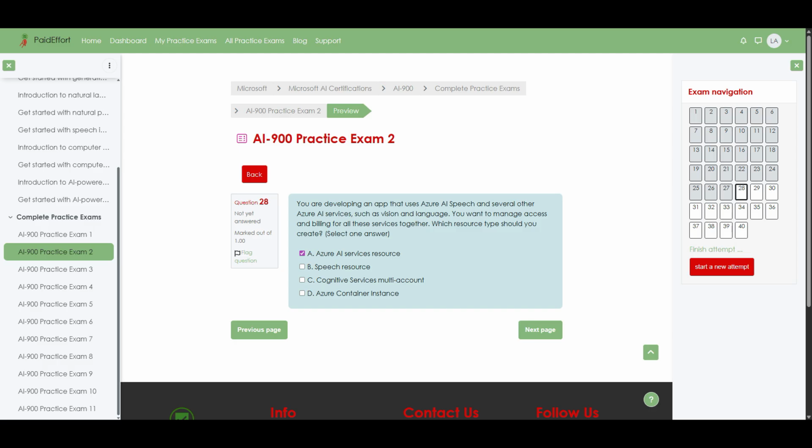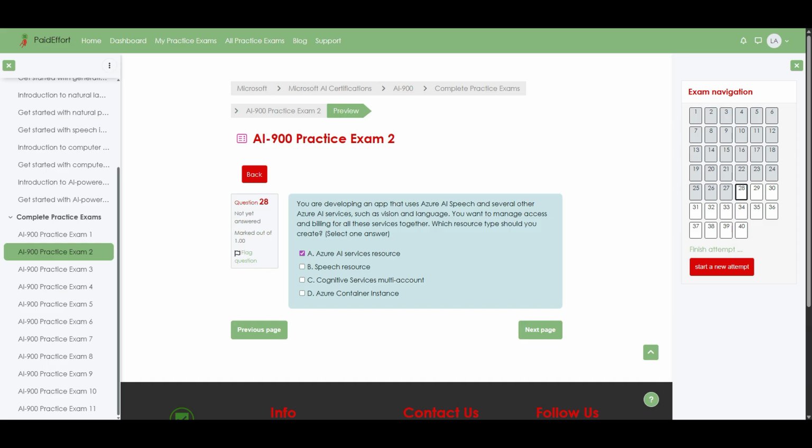When you're working with multiple Azure AI services, say combining vision, speech, and language, it makes the most sense to use a unified resource that can manage them all. That's where the Azure AI Services resource comes in. It lets you bundle those services together, simplifying both access management and billing. Now, if you chose the speech resource, that's not wrong in terms of functionality, but it's more suitable when you're only using Azure AI Speech on its own, not alongside other services.